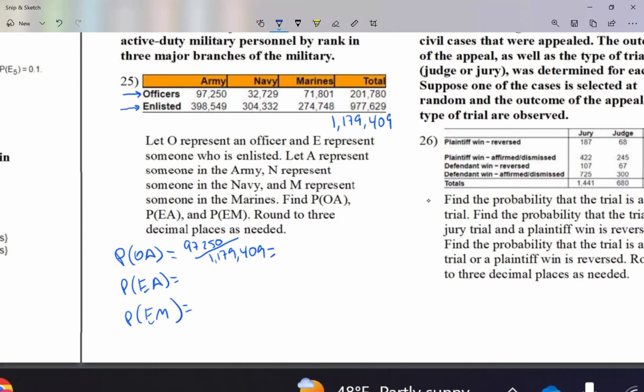So I'm going to grab my calculator. But keep in mind on the instructions, it says round to 3 decimal places as needed, okay? So I'm gonna round this to 3 decimal places, okay? So I'm gonna get this as 0.082.